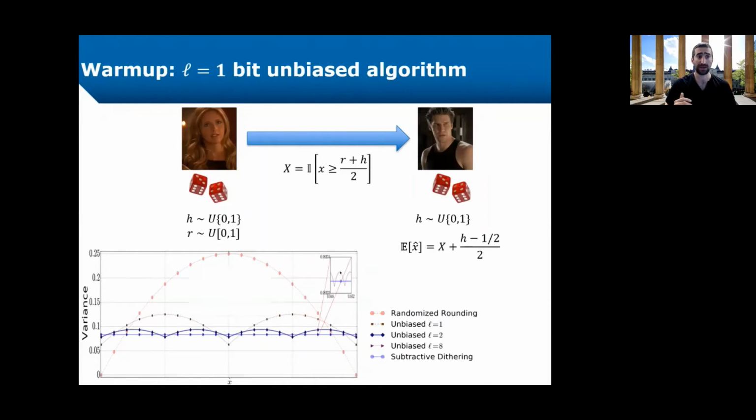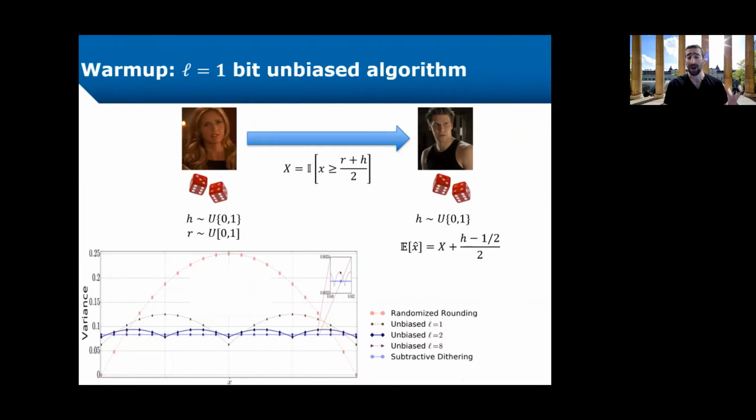Now, what we're going to do next is talk about how we can adapt subtractive dithering, which was the algorithm with the lowest variance in the unbiased world, and use it to improve over deterministic rounding, which was the best biased algorithm when there's no shared randomness.